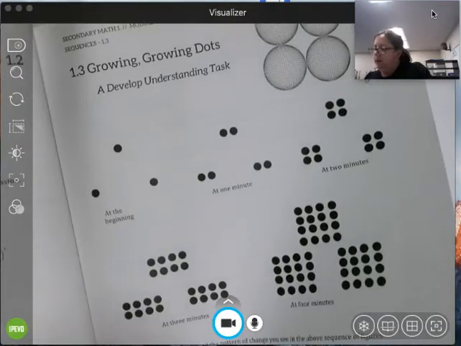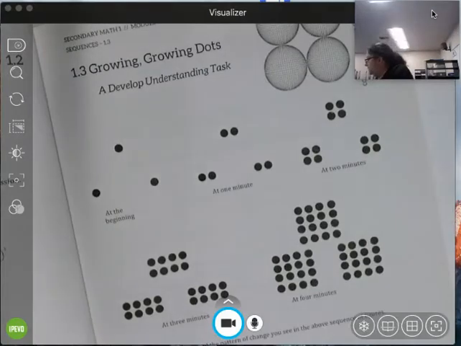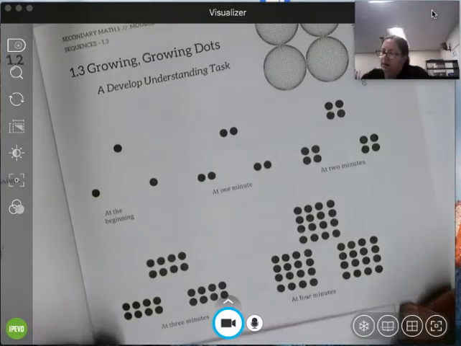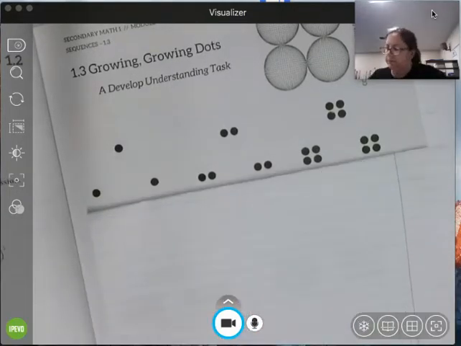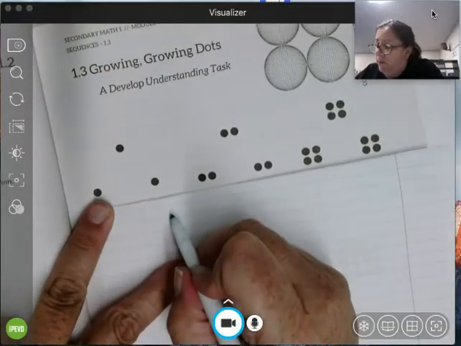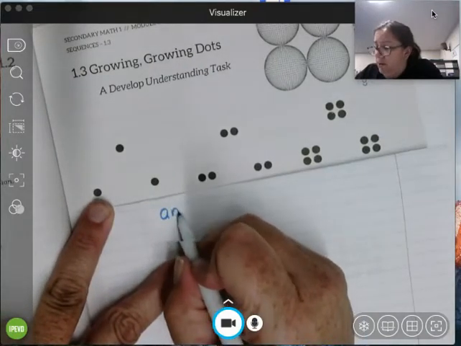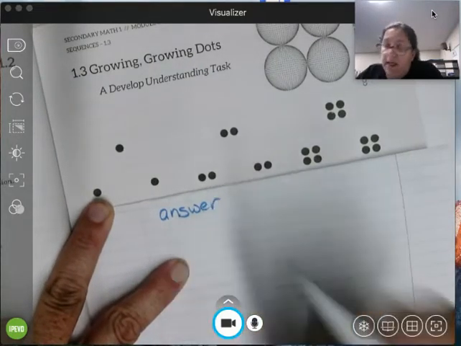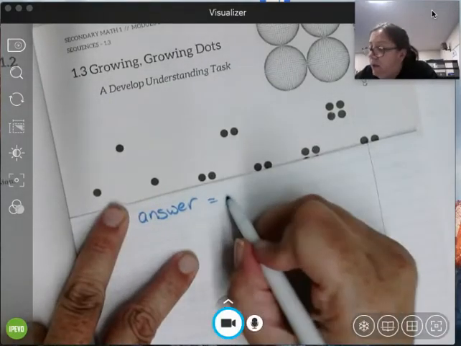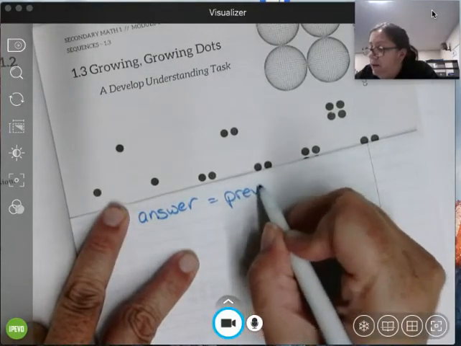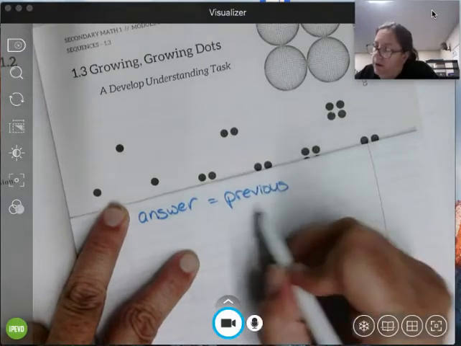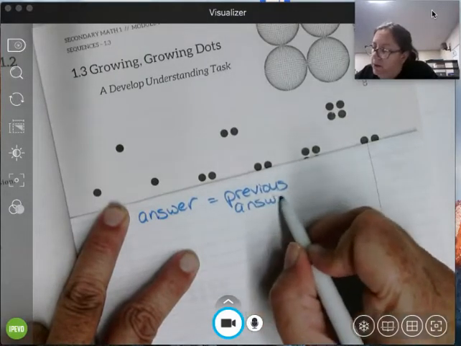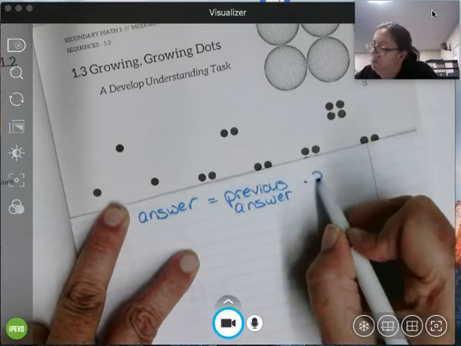Well, the same way we did on the last assignment, we can just write, for an equation, for now, that the answer we want now equals the previous answer, which they call a term, times 2.